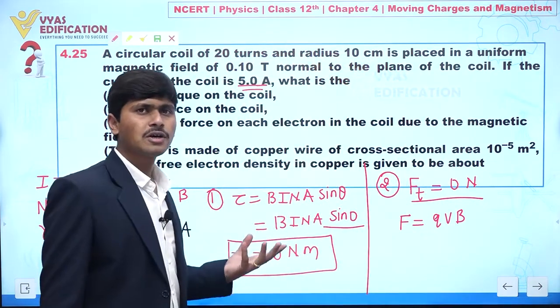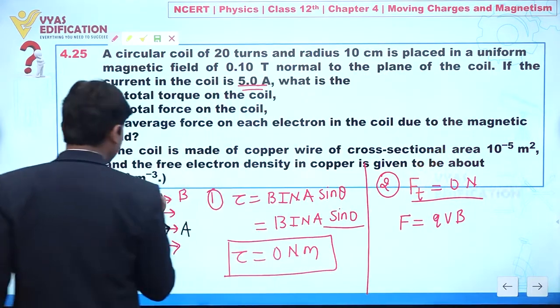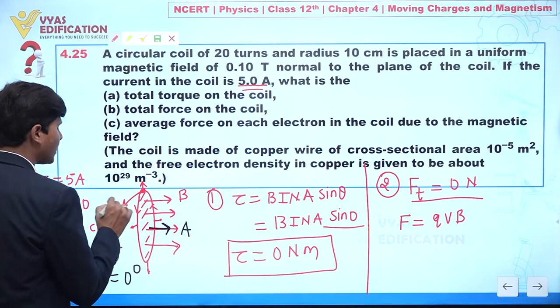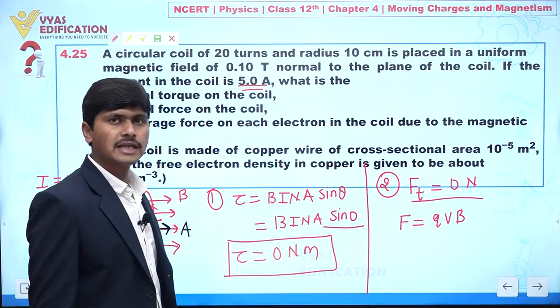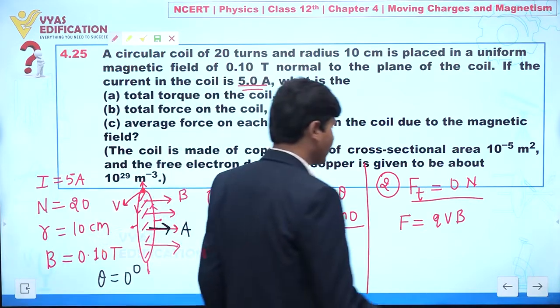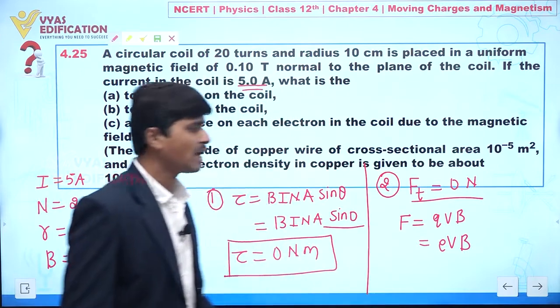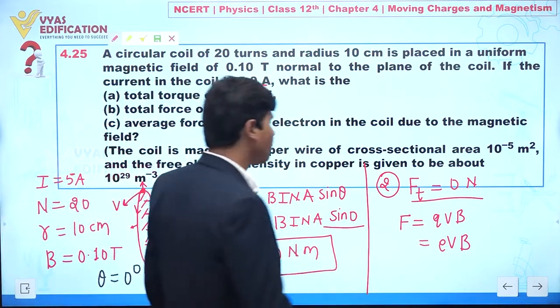If I take this charged particle here, the angle between the velocity vector and the magnetic field is 90 degrees. So we can write F equal to EVB.